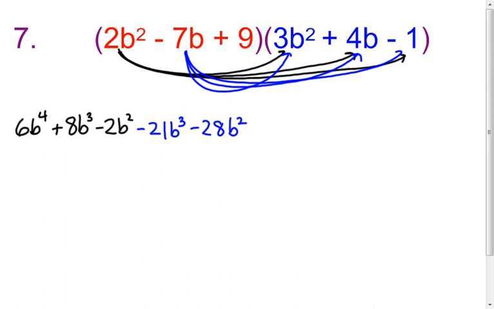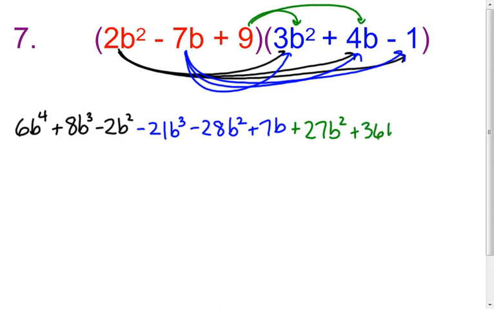Negative 7b times negative 1 is positive 7b. Then on the back, 9 times 3b squared is 27b squared. 9 times 4b is 36b, and 9 times negative 1 is negative 9.